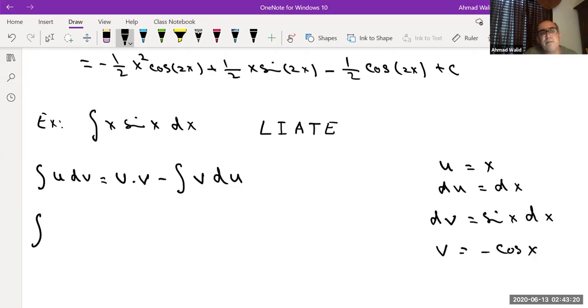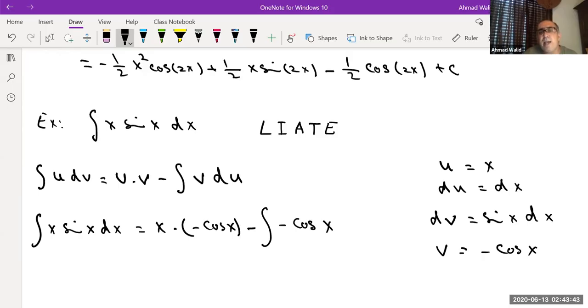Then integral of x sine x dx equals u, your u is x, times v, that means times negative cosine x, minus integral v, negative cosine x, times du.